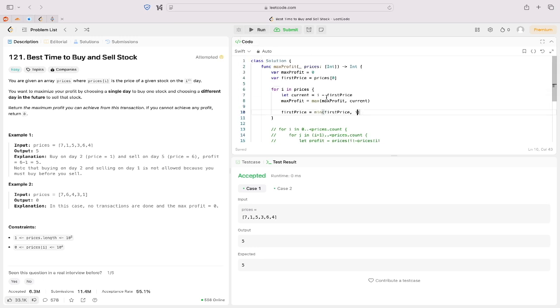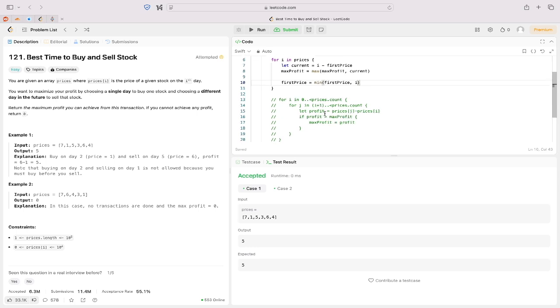Okay, so what are we doing here? So our first price is the first price of the day, so that would be 7. Max profit is still 0.